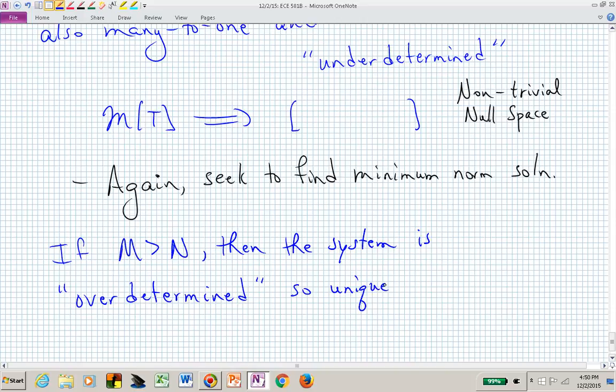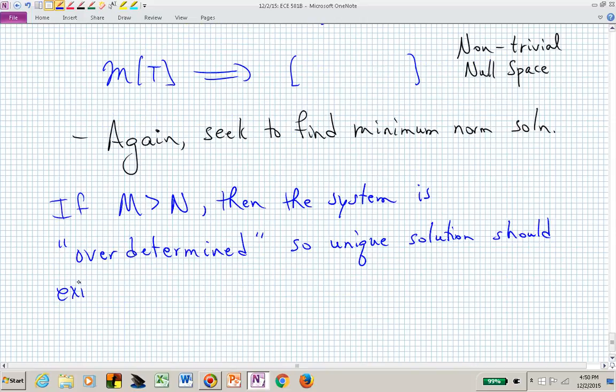So it might be possible to find a unique solution. But again, we're dealing with a non-square matrix representation of this linear operator, capital T. It's now not square.